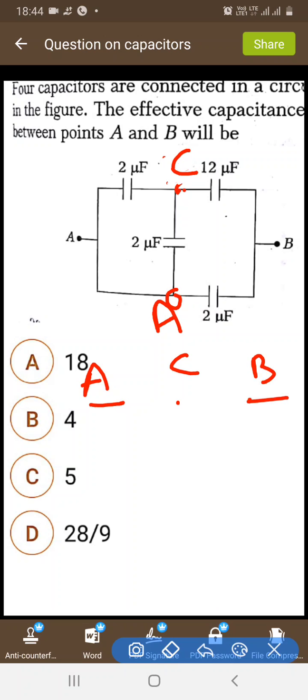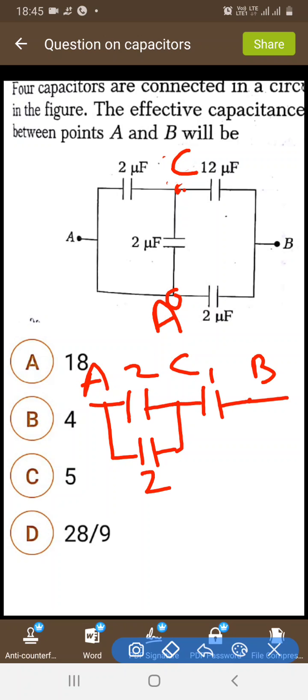The capacitance between A and C 2 microfarad. The capacitance between A and C again 2 microfarad. So join here, both 2 are in parallel. The capacitance between C and B 12 microfarad, and capacitance between A and B here 2 microfarad.